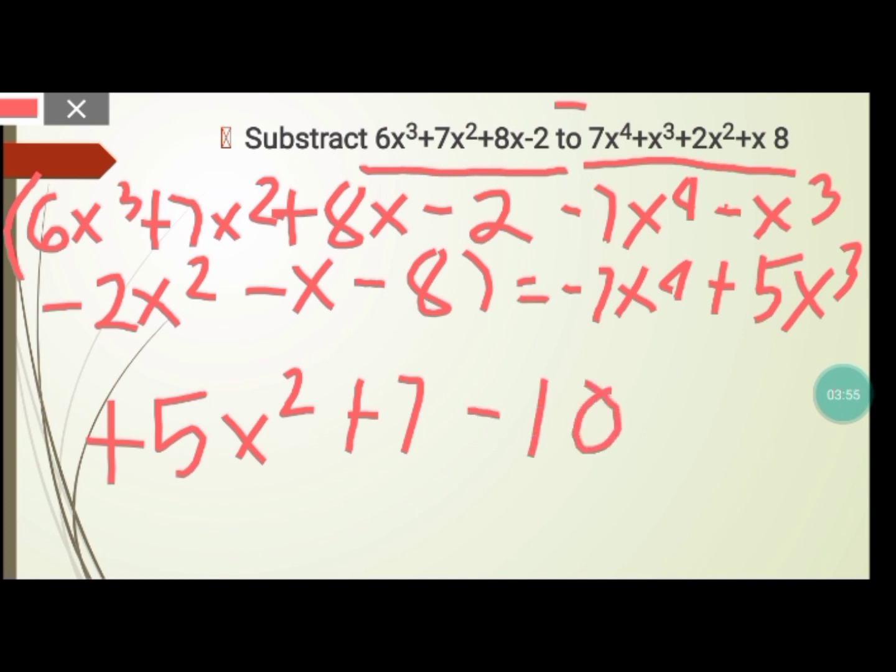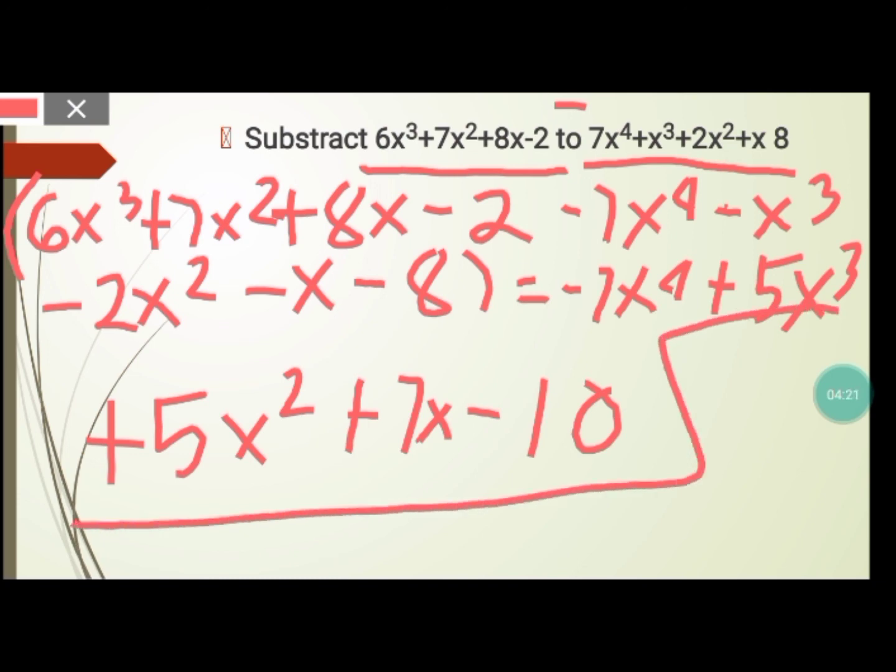So the answer would be negative 7x raised to 4 plus 5x cubed plus 5x squared plus 7x minus 10. So this is the final answer in this case.